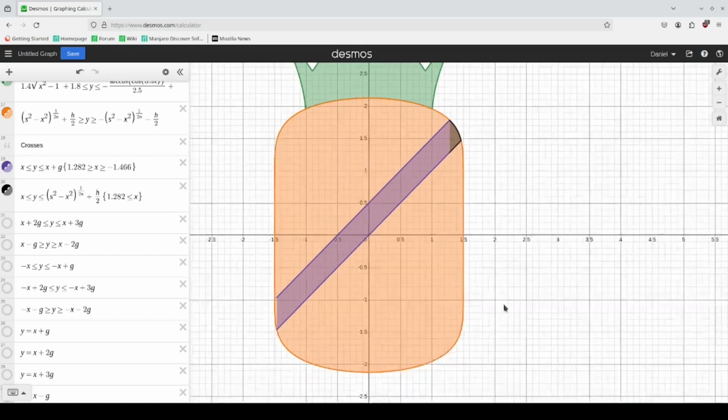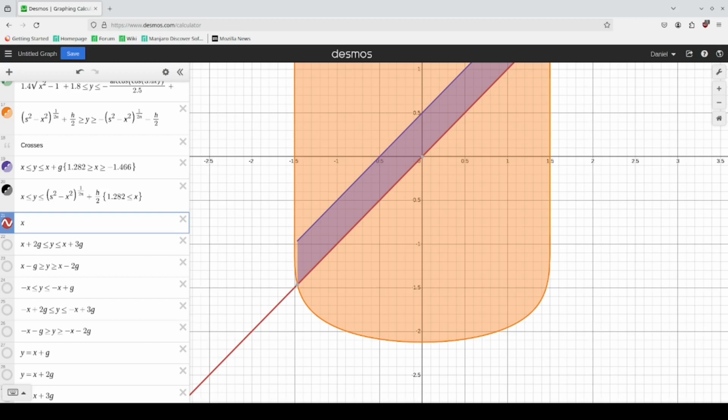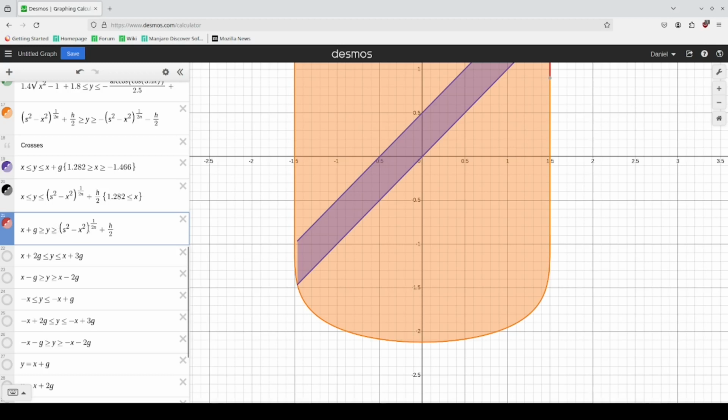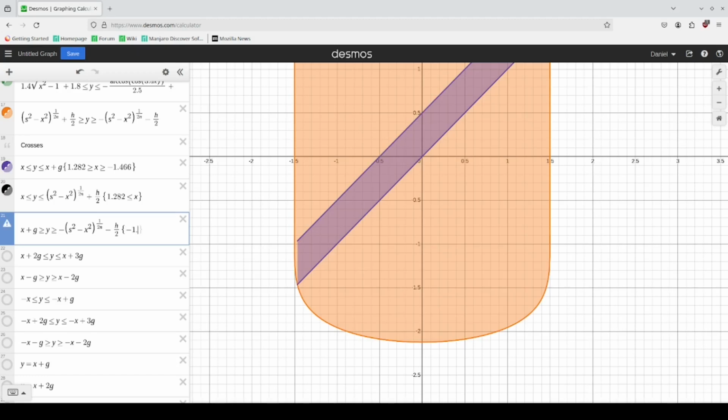And then we need to do the same process for this other piece here. So this top piece is x plus g, and we want this to be bounded by the bottom half, and so that's going to be minus of this minus that, and that we also have minus 1.466.